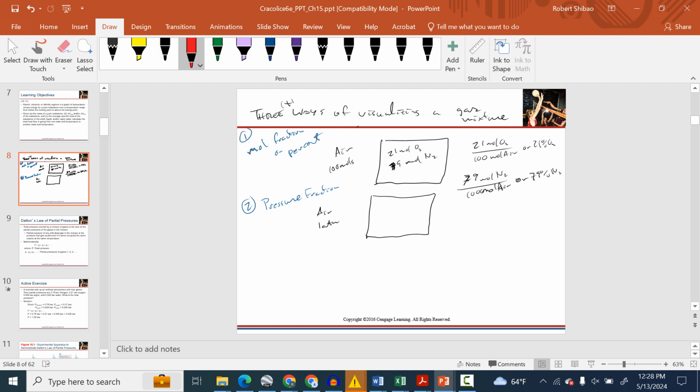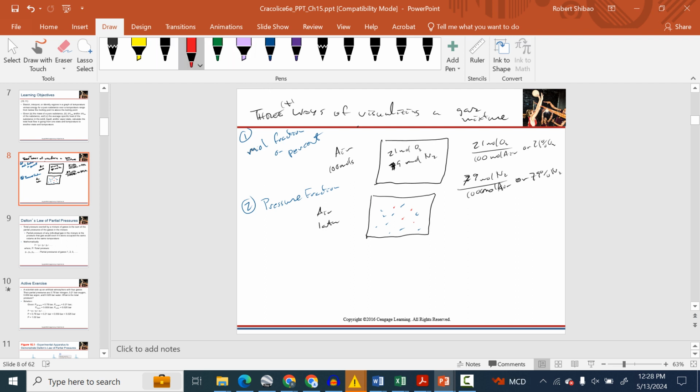Then I'm going to have oxygen. Oxygen's usually given red. And I'm going to have nitrogen. I'll make blue. So let's say I have 100 molecules of each.